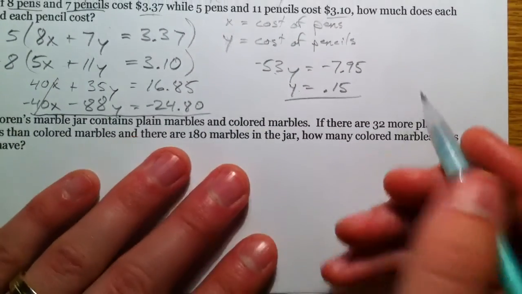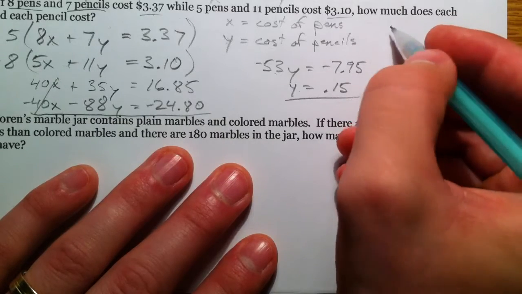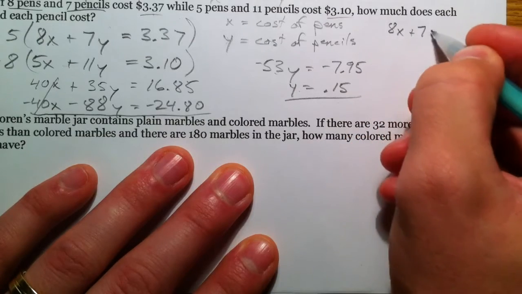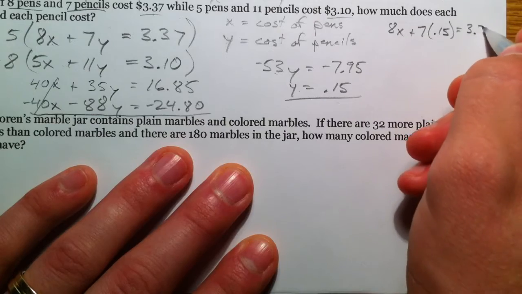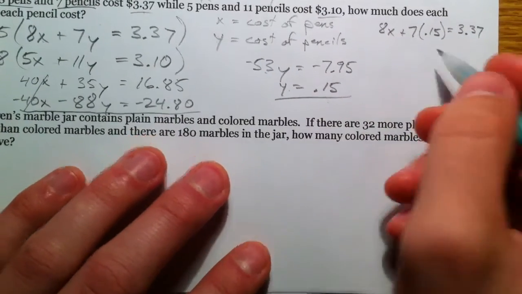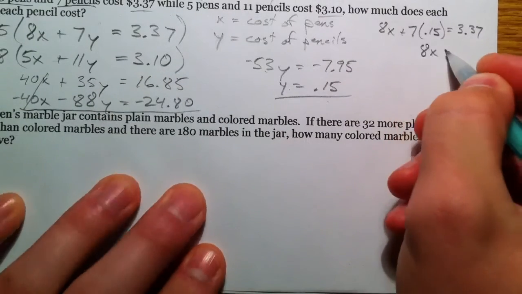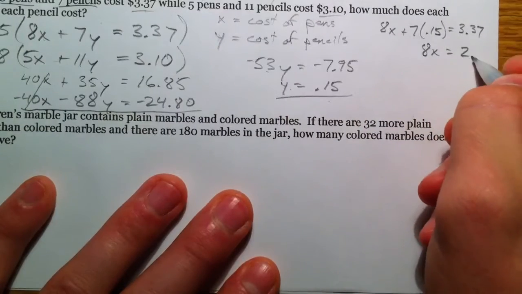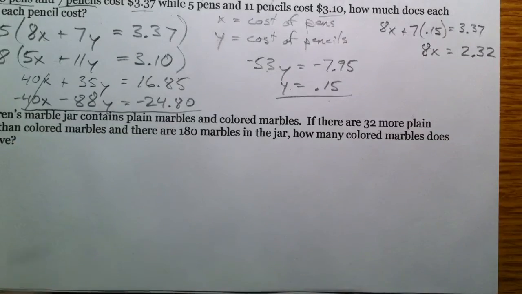Plug this back in. It doesn't really matter where, but let's do it into the first one. 8x plus 7 times 15 cents equals 337. Solve this one down. 8x equals 337. If we subtract this over, you get 232.